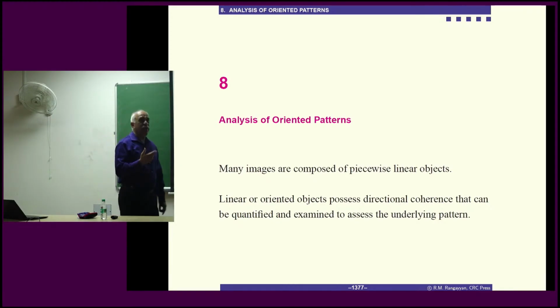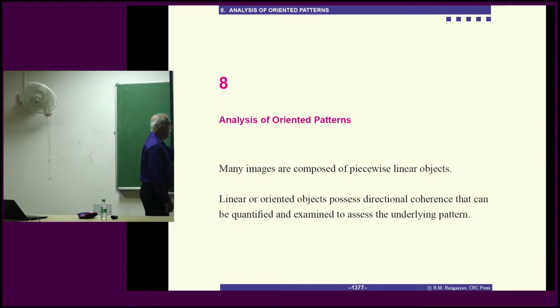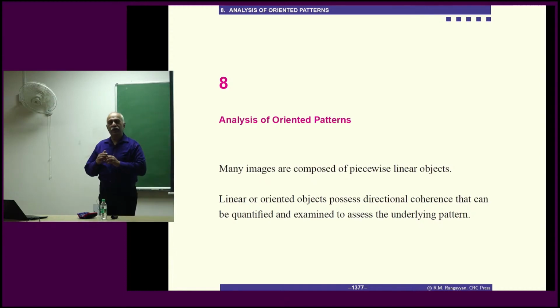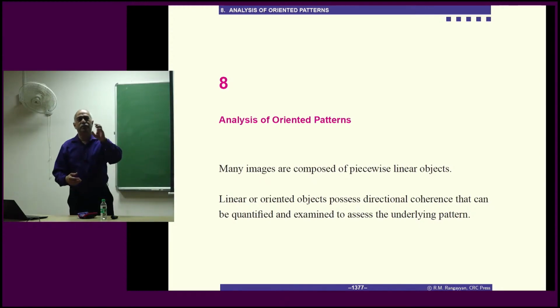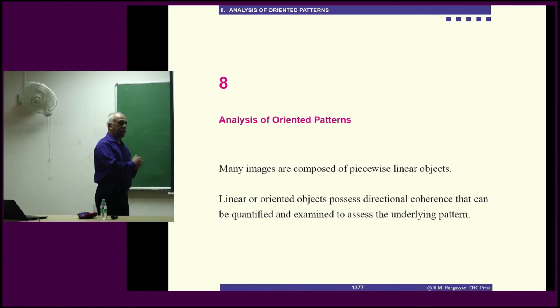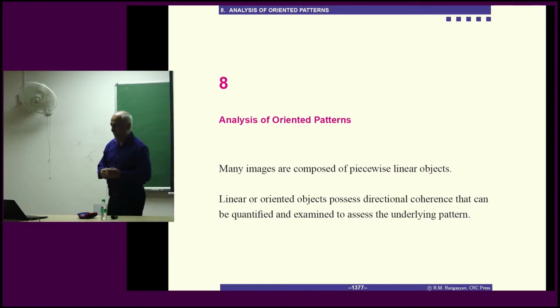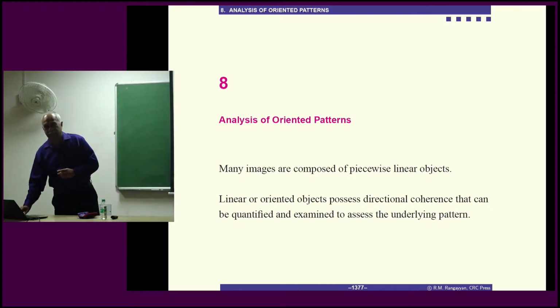So it is piecewise linear. And linear or oriented objects possess directional coherence or correlation. They are coherent in some sense of some property, or the values are correlated in that direction, not in all directions. And that can be quantified and examined to study the underlying pattern or texture.